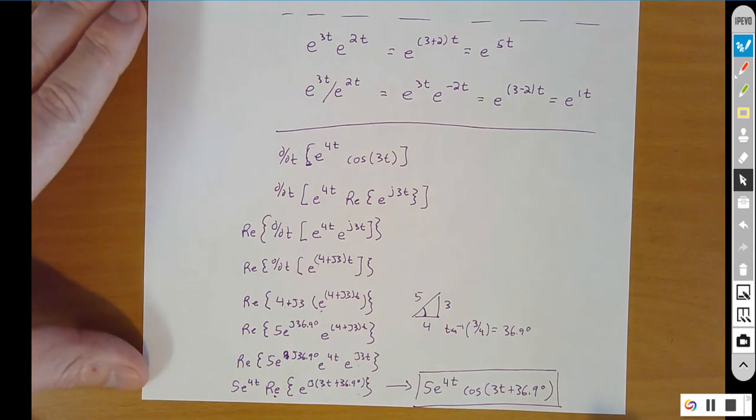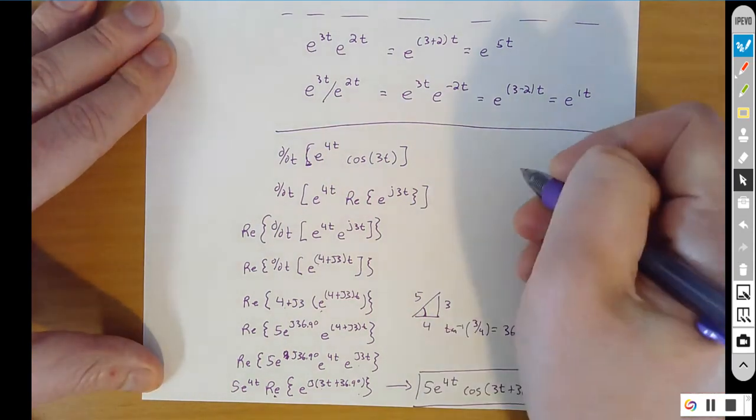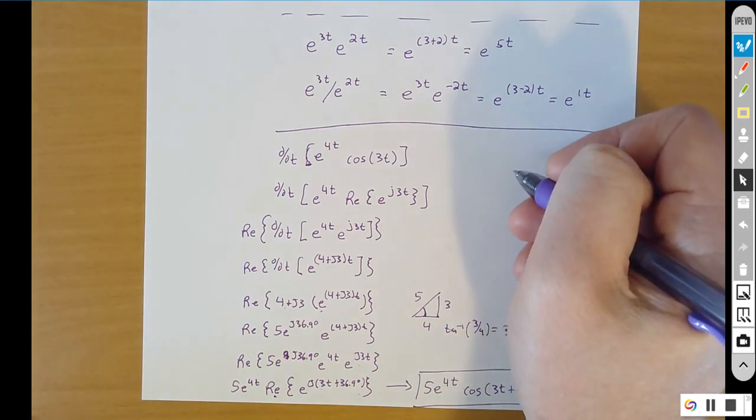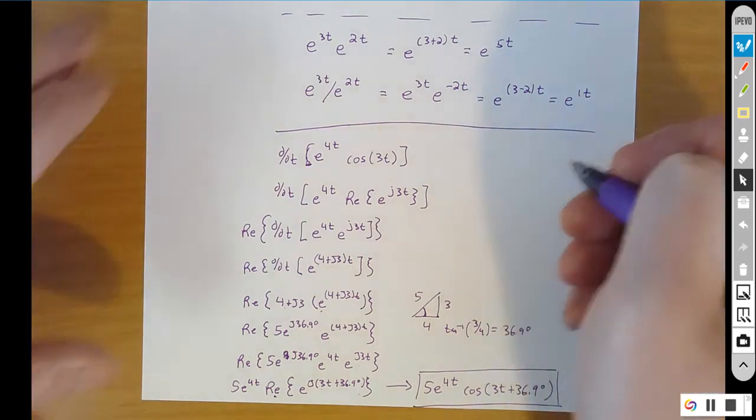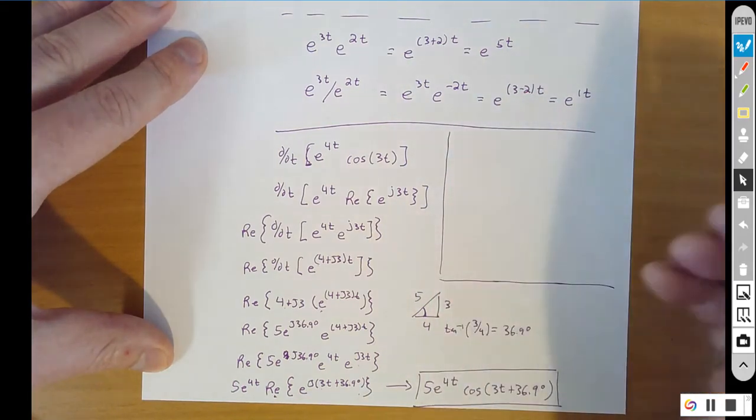Now, if you did the derivative without doing this, you're going to get something that looks like this. Again, you wouldn't want to do this because you're going to get a sine and a cosine.